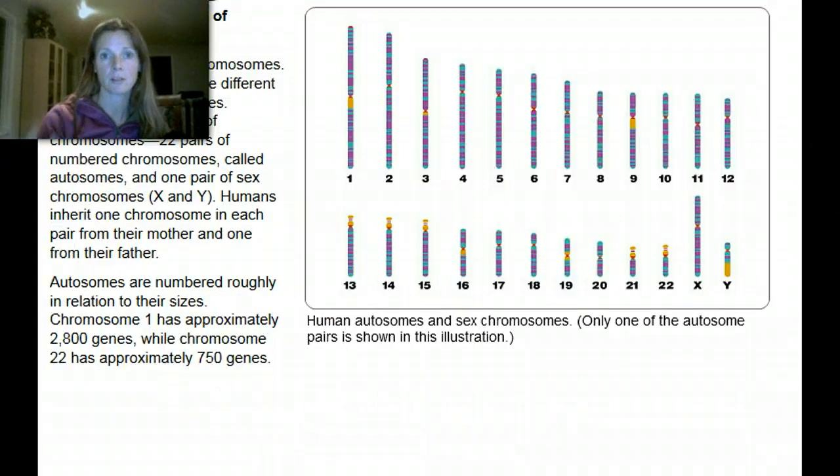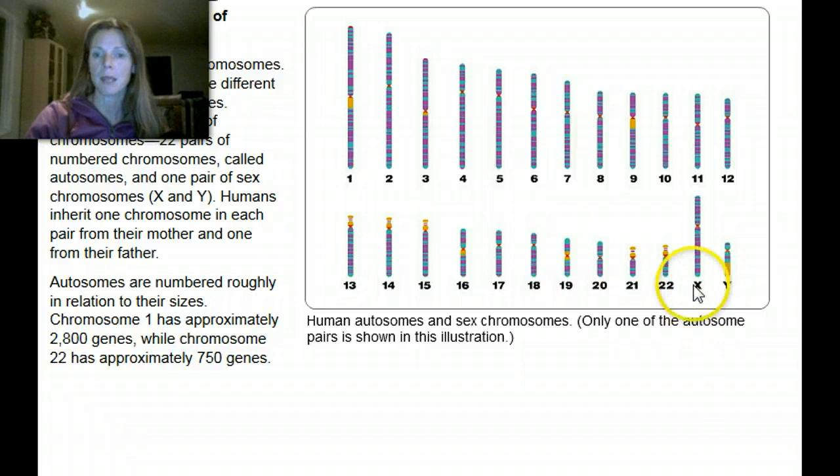Here is a little bit about chromosomes. Humans always have 23 pairs, so we actually have 46 chromosomes, but 23 pairs. They're numbered from 1 to 23, with 23 being the sex chromosome. A male would always have X and Y, and a female would always have XX.